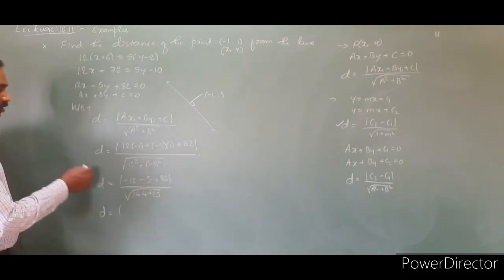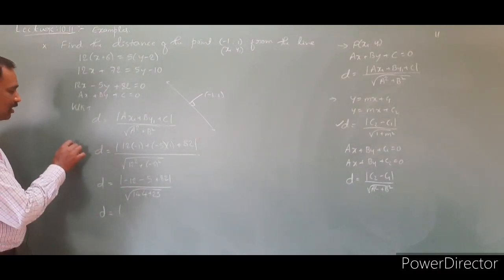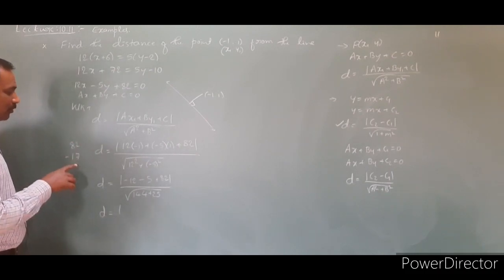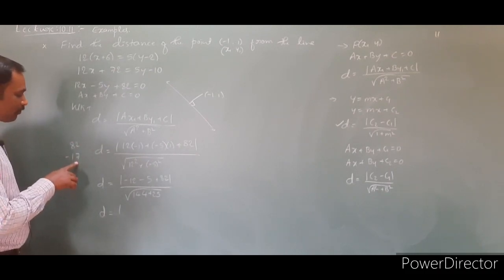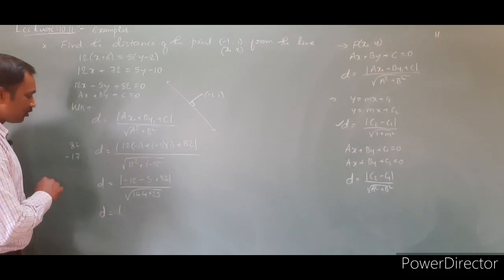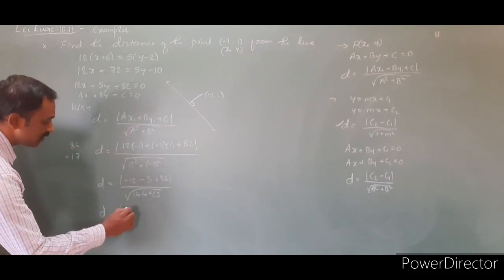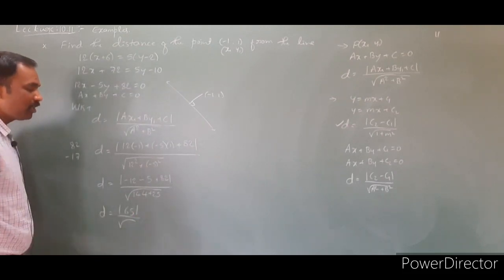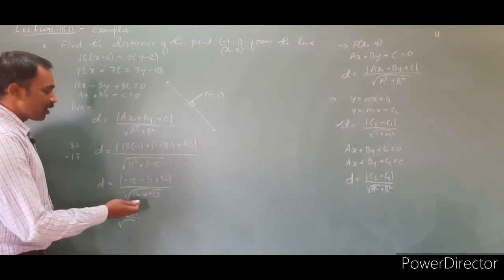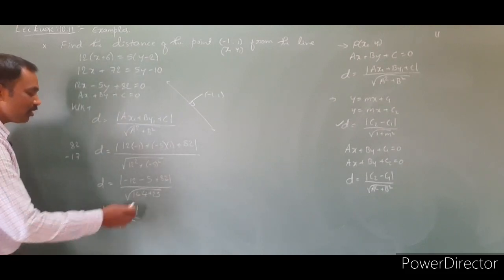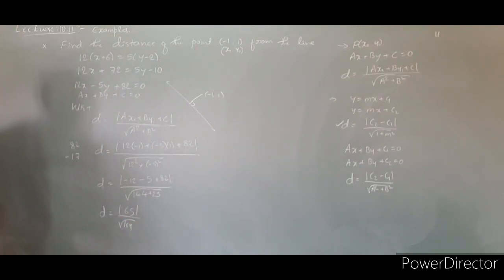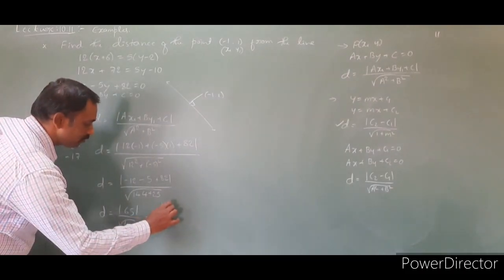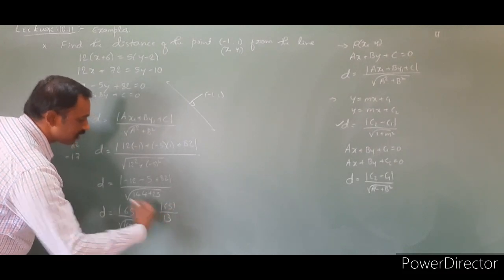So we get mod of 65 divided by the root of 144 plus 25, that is 169, which is 13.